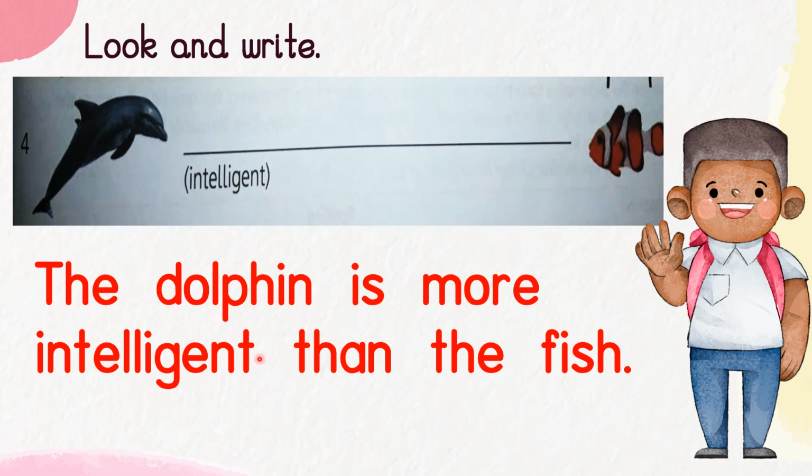Yes, lebih bijak, lebih pandai, 比较有智慧, more intelligent than the fish. So most of the time we train the dolphin and they will do the performance. The dolphin is more intelligent than the fish. Check your spelling for dolphin. Again, the dolphin is more intelligent than the fish.